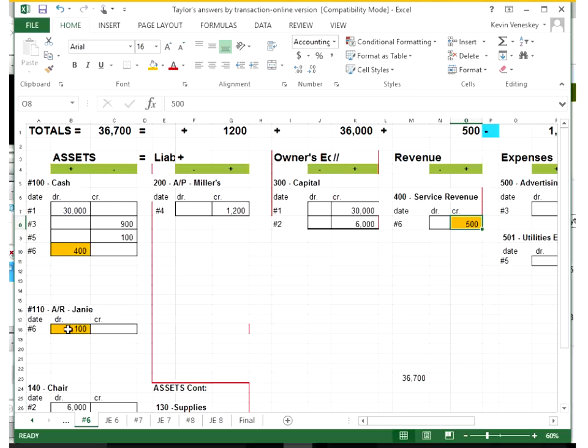I completed the work and I got the money or a promise to be paid. Those 2 questions have to be answered. Remember back to my prior video. So $500 of assets went up and $500 of revenue went up. And remember, this plus sign is before the minus, and the minus only goes with the expenses.